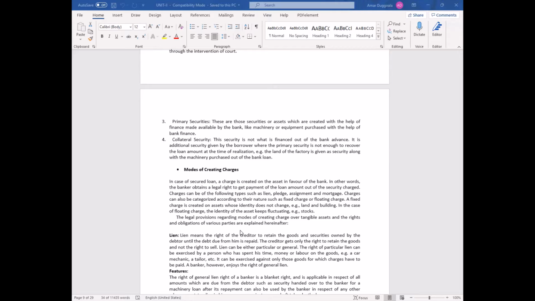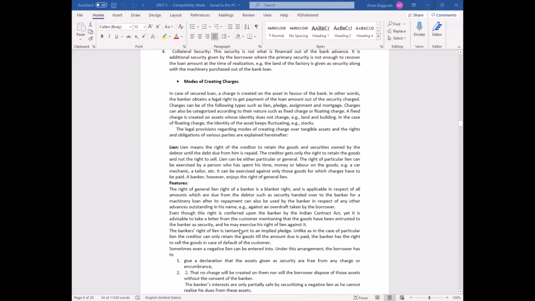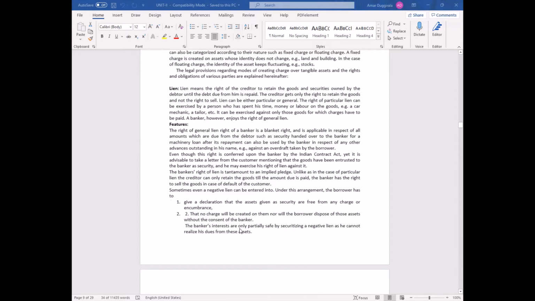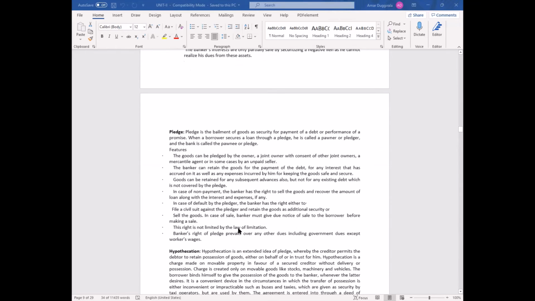The security is given to the bank, with the legal right of the bank to retain the security, retain the property, not having a right to sell it off to gain that. Right? Lien has some features given in the below paragraph that you can go through and let me know if there are any questions.